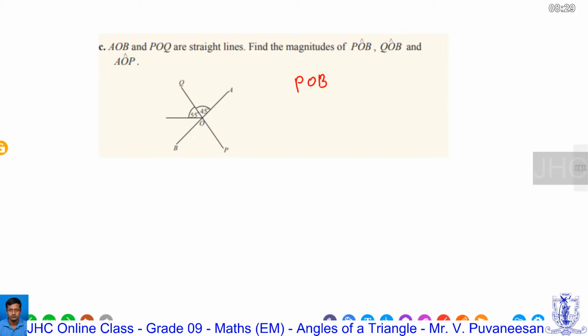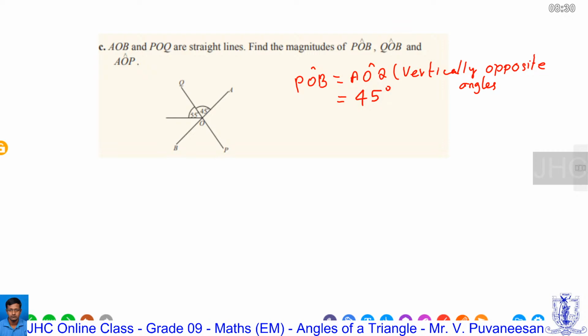POB equal AOQ, vertically opposite angles, okay? So we know the value of AOQ, that is given 45 degrees. So POB equal 45 degree.